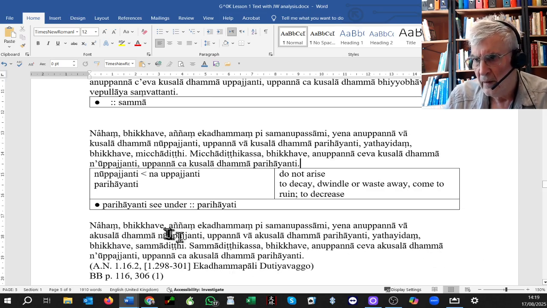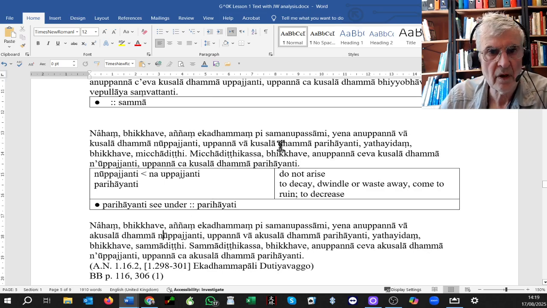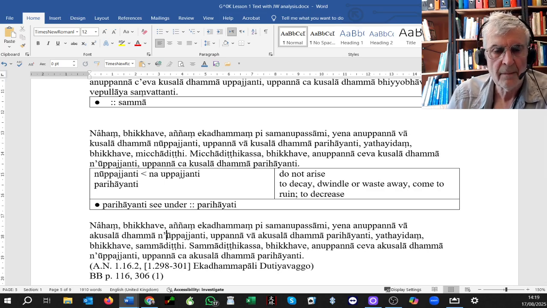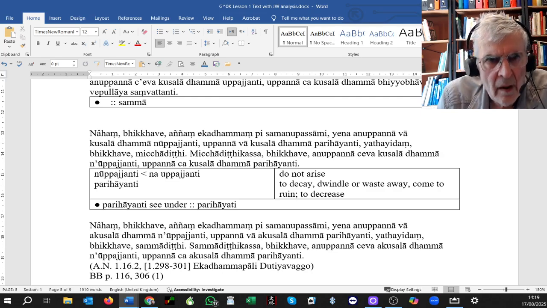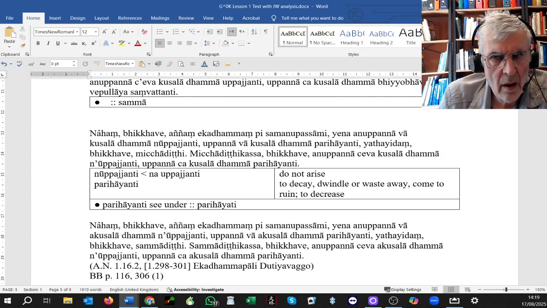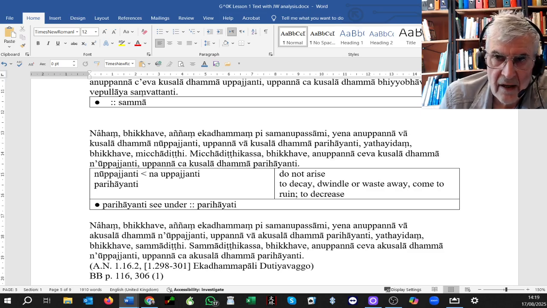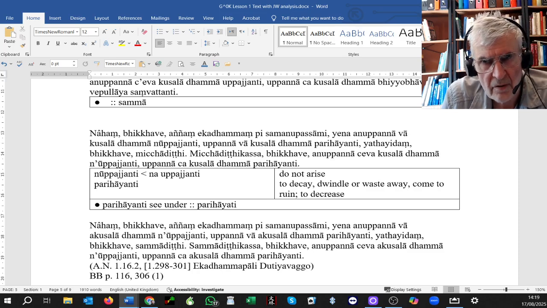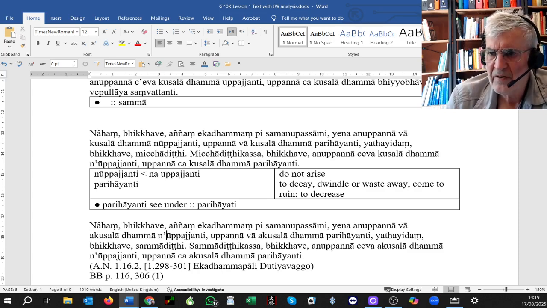I'm going to put an apostrophe here as well. You'll see where the cursor is, because that's na uppajjanti. What happened here is na uppajjanti: the a of the na has disappeared, but the u of uppajjanti has doubled. That's slightly unusual in Pali. We've now got a long vowel before a doubled consonant. You do find it. If I'd seen nuppajjanti or na uppajjanti, that would have been perfectly normal. There's more than one way of doing it in Pali.